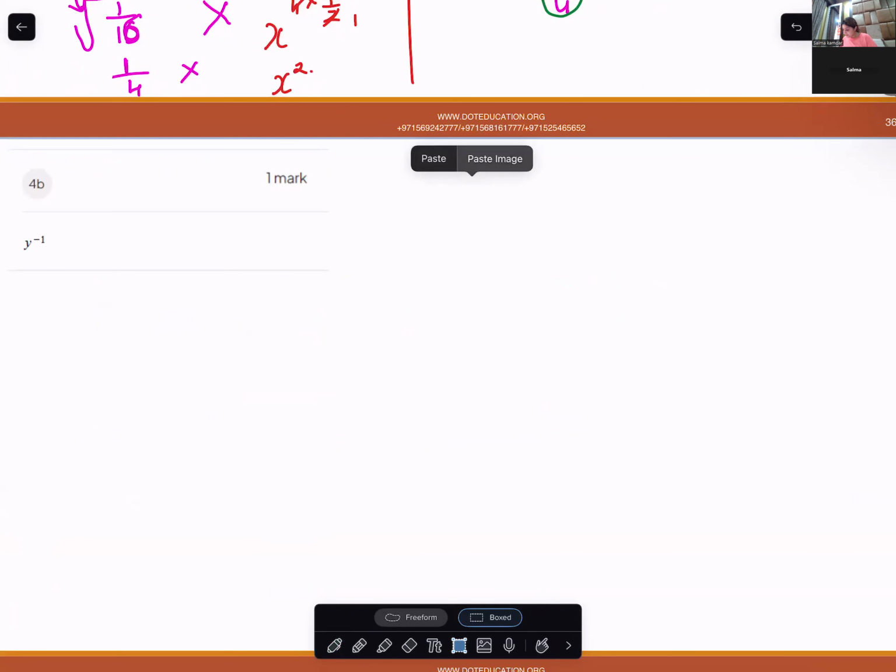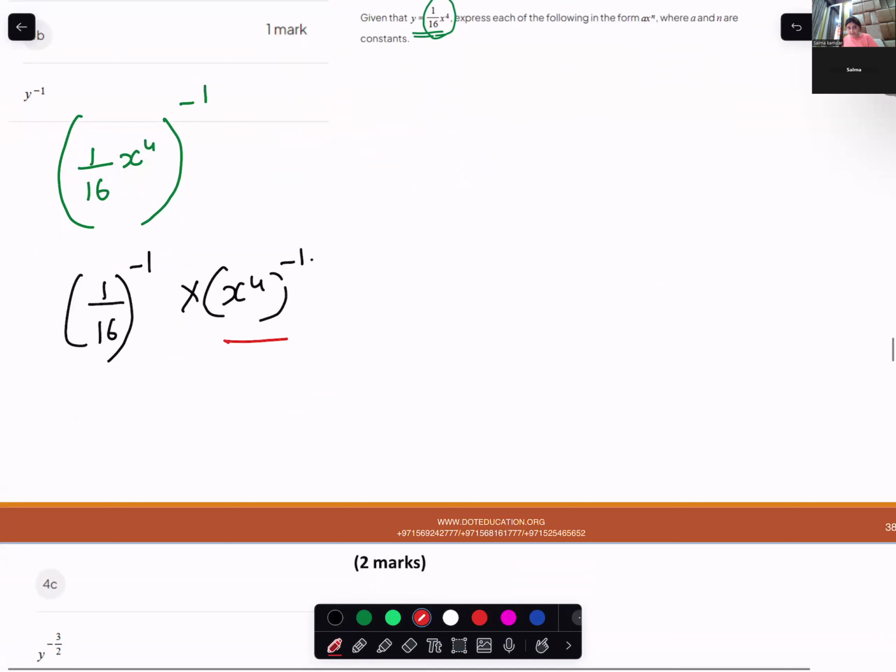Now I will give this minus 1 to both the things. This I will solve using a raised to mn. So x raised to 4 into minus 1. And this would become 1 by 16 raised to minus 1.